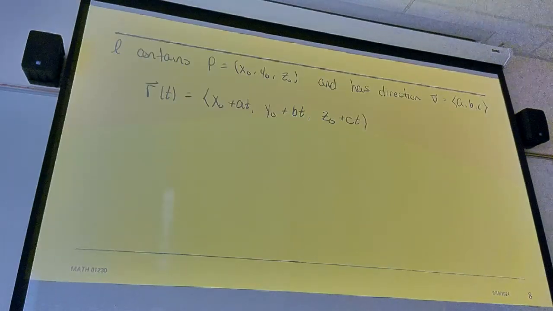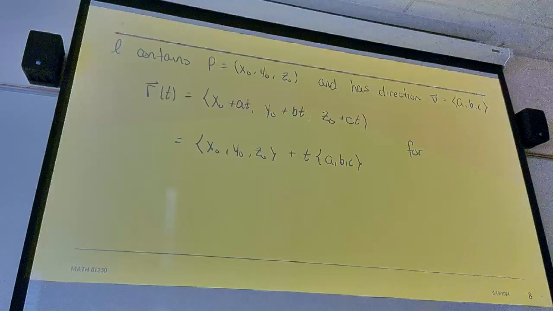So just write the set in vector form, and it's not difficult to see this. For what t? T from 0 to 8.